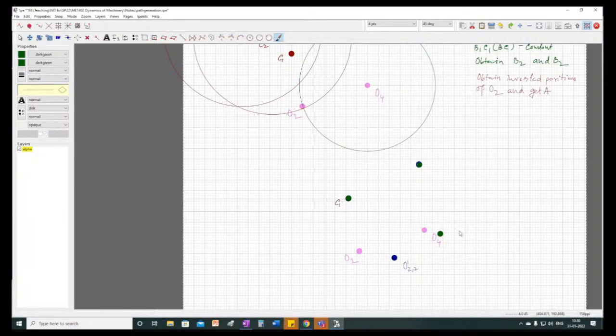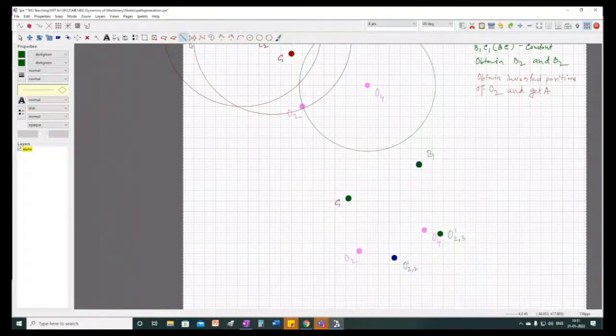This is our O2 point. From position 3 we have done it. So this is the point which is B1. Okay, with this now we have all the inverted positions of O2. That means this is O2 for position 1, O2 for position 2, O2 for position 3.